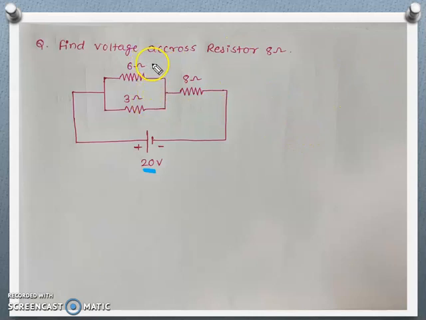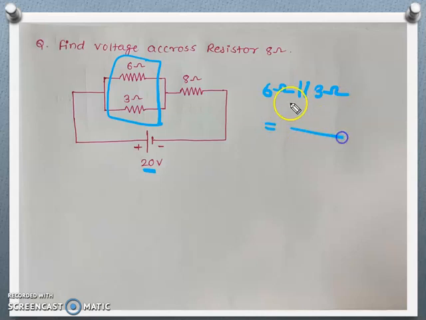Before that, let's calculate the equivalent resistance of this parallel combination. As 6 ohm is in parallel with 3 ohm, the equivalent will be 6 into 3 divided by 6 plus 3, which is nothing but 2 ohm.